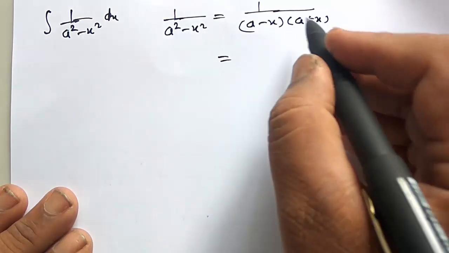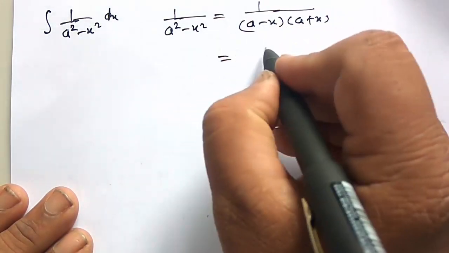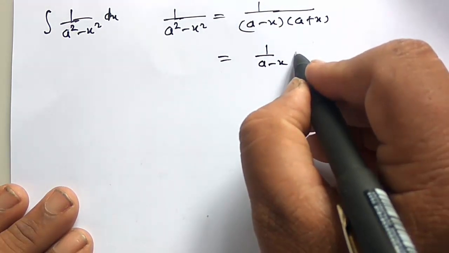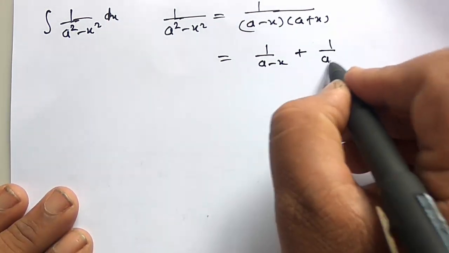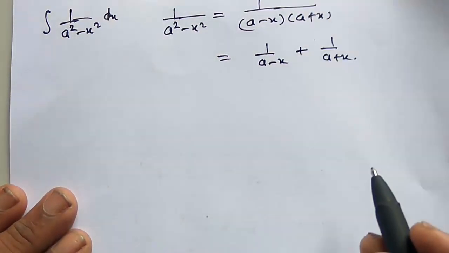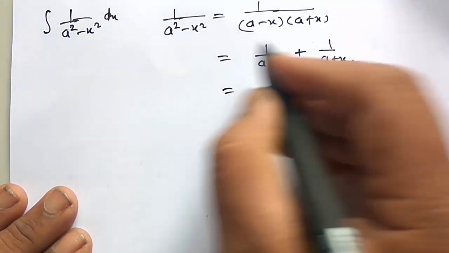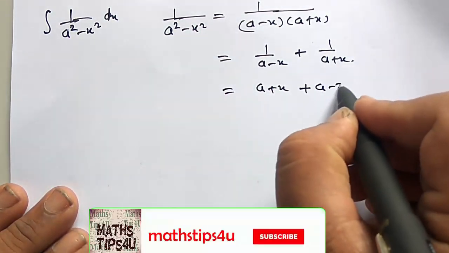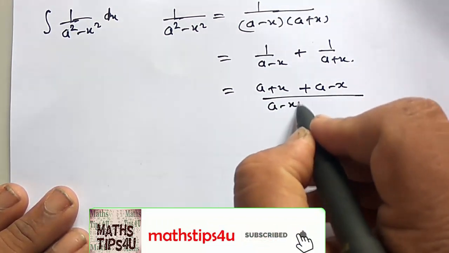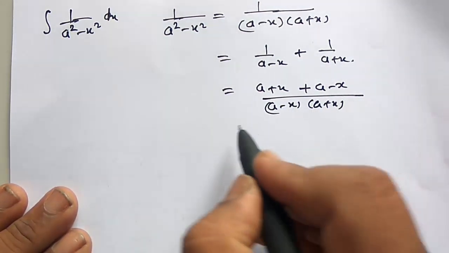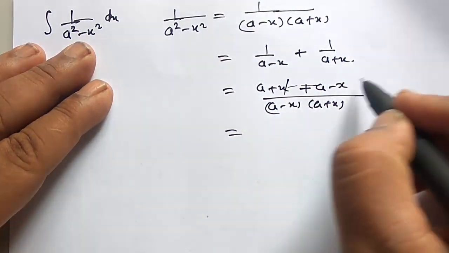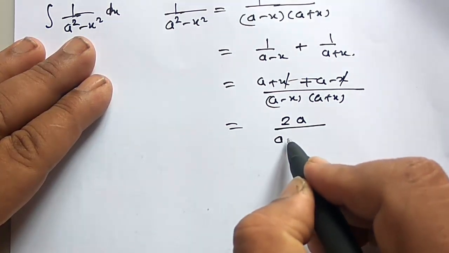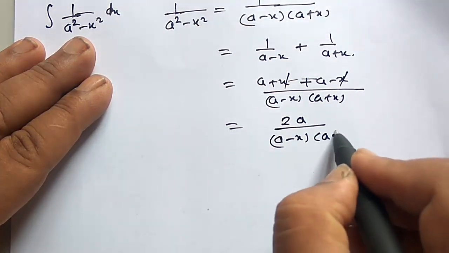So this is equal to 1 upon a minus x plus 1 upon a plus x. After simplification, a plus x plus a minus x upon a minus x into a plus x is equal to, here x minus x gets cancelled, a plus a becomes twice a upon a minus x into a plus x.